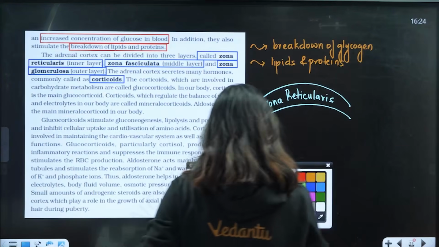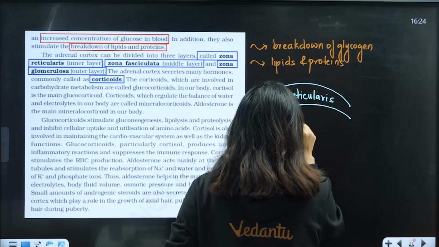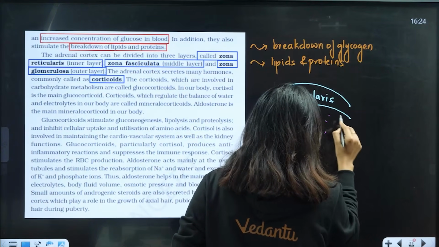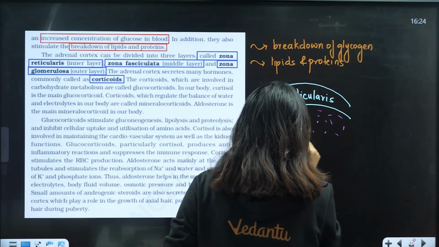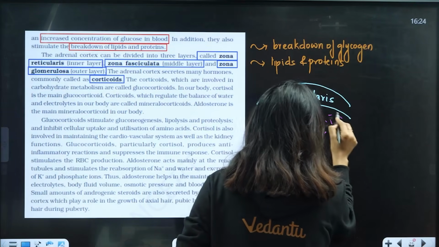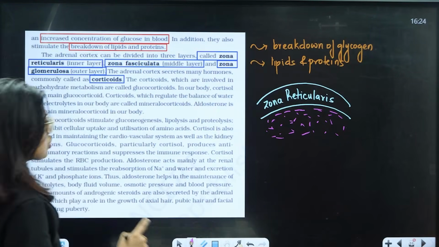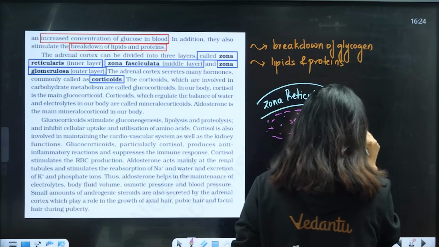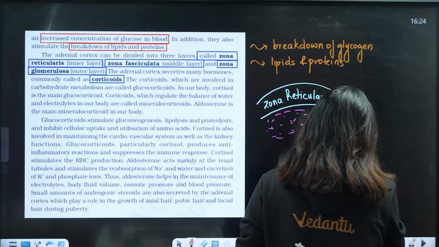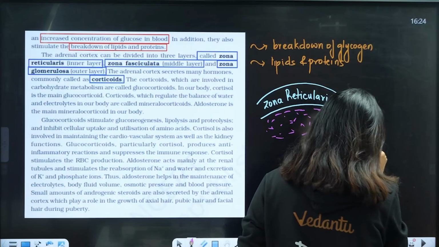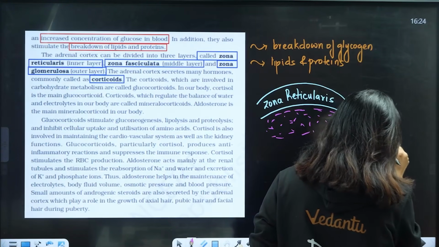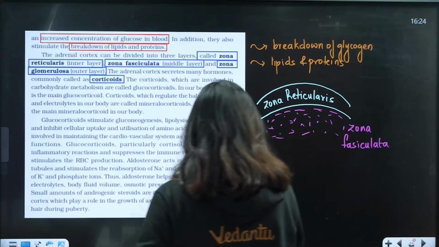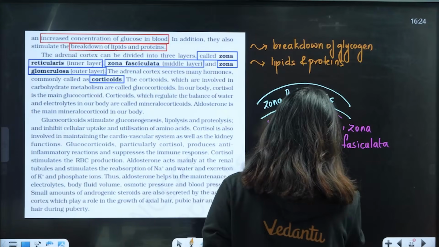Then we will have a middle region. I'm just giving different texture to the layers. Middle region is called zona fasciculata. Each of the portions is going to do different secretion. That is why we are learning about it.